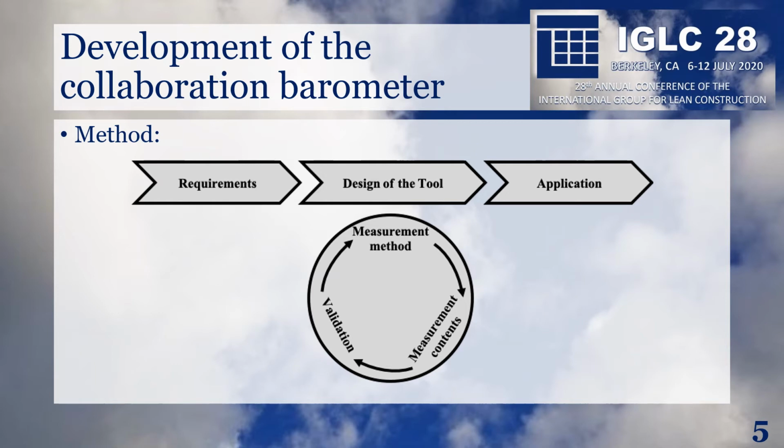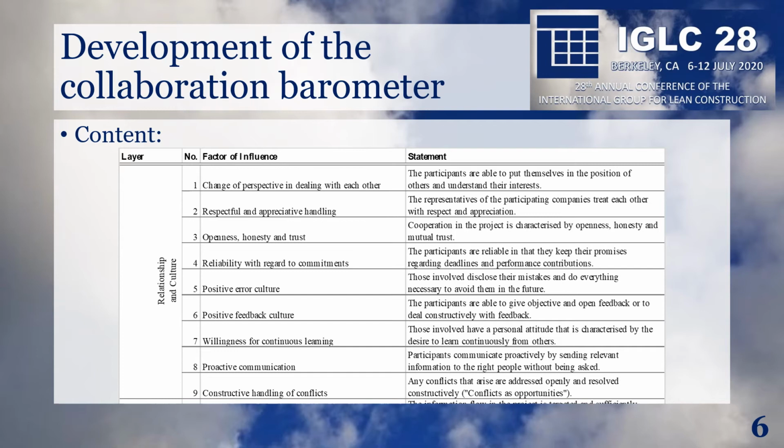The results of the validation were in turn incorporated along the control loop. In the final step, on the right, the finalized measurement instrument was used in real construction projects. So let me show you what our questionnaire looks like.